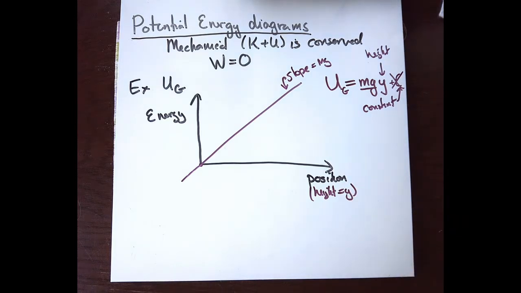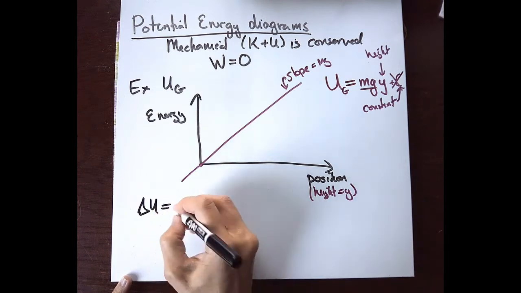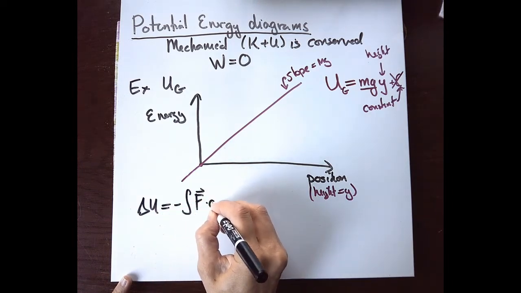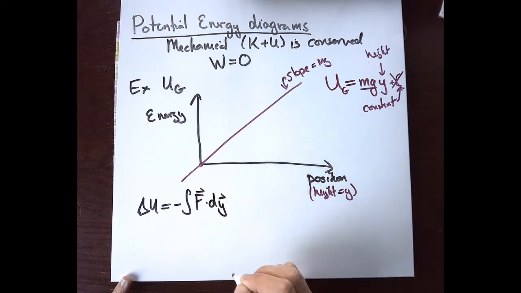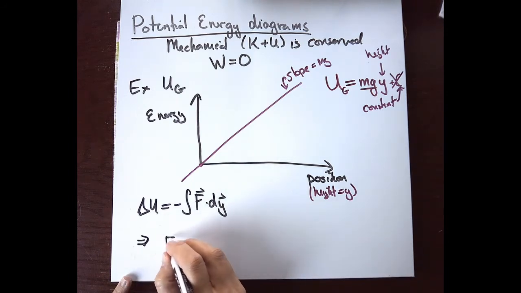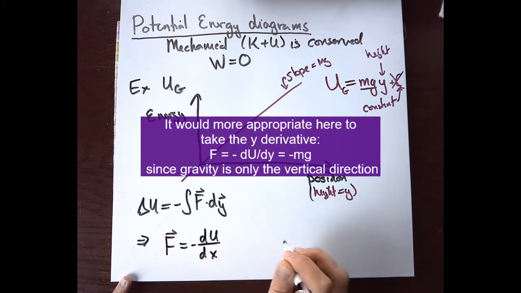And remember that the change in potential is given by the negative of the integral of the force dotted with this little position that you're doing the integral over here. And that means if you take the integral of the force to get the potential energy, then to get the force back, you'll undo that by taking the derivative of the potential.